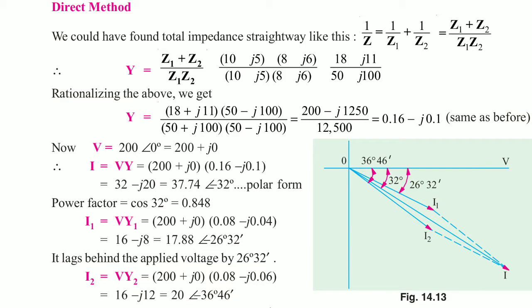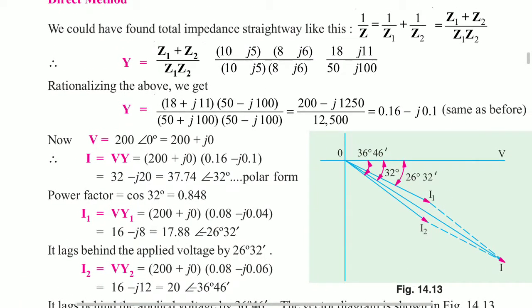That is nothing but 32 minus j20, that is equal to 37.74 angle of minus 32 degrees. So here 32 minus j20 is in rectangular form, which we convert into 37.74 angle of minus 32 degrees in polar form. So 32 degrees is the phase angle between the voltage and current. The power factor is cos of 32 degrees, that is 0.848. It is the lagging power factor.